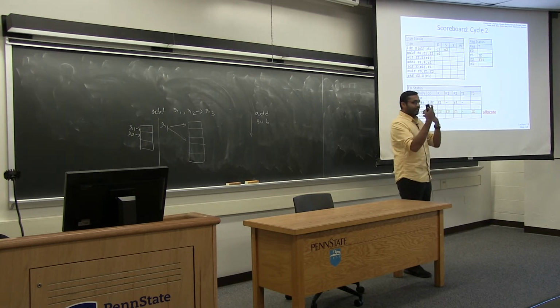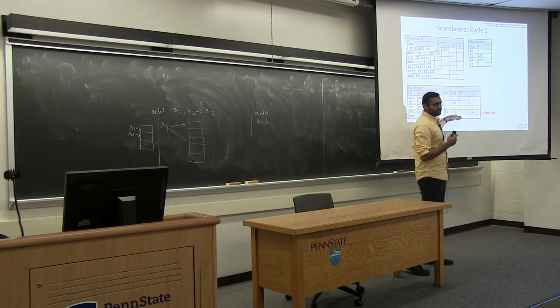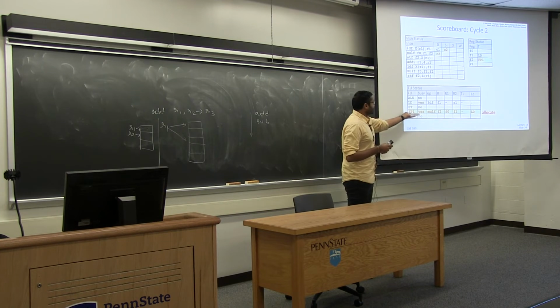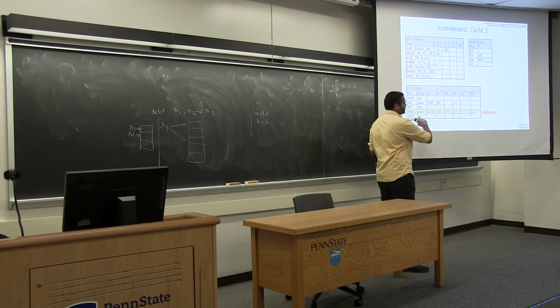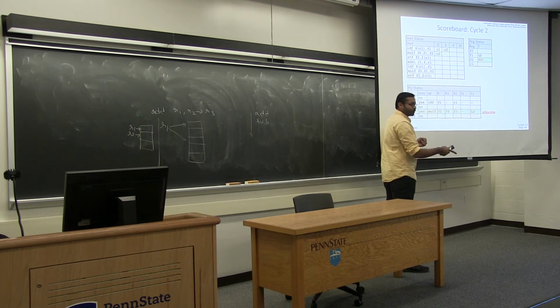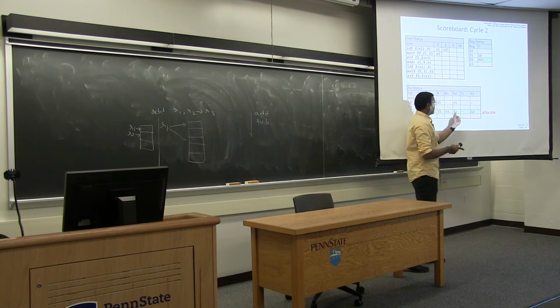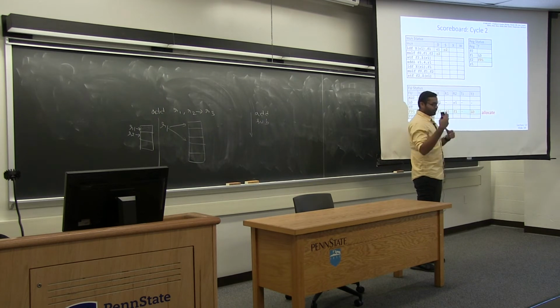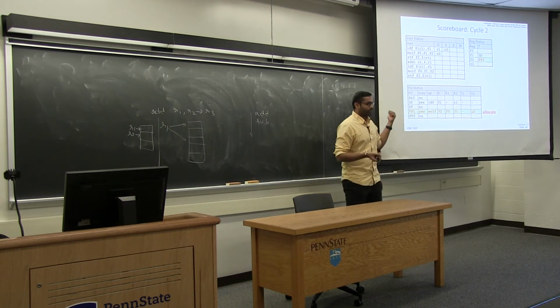So we maintain that dependency information in the functional unit status table, right? So by looking at the functional unit status table, now we can say that, oh, this instruction can only be issued when the input operand F1 is made available by the load functional unit here.